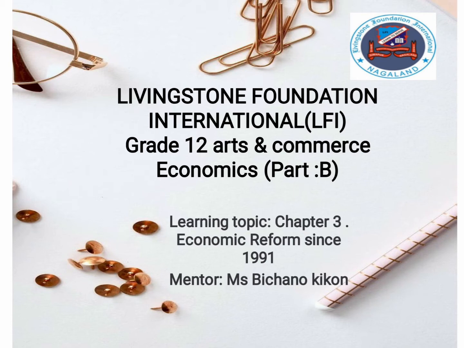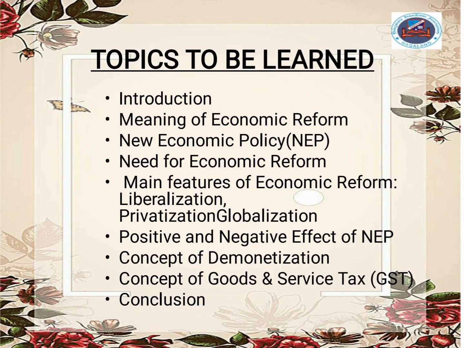Therefore, the government introduced a new set of policy measures after 1991, which changed the direction of our developmental strategies. So, in this chapter, we will be looking at the background of some of the measures that the government has adopted and their impact on various sectors of the economy. These are some of the topics that we will be learning from this chapter.